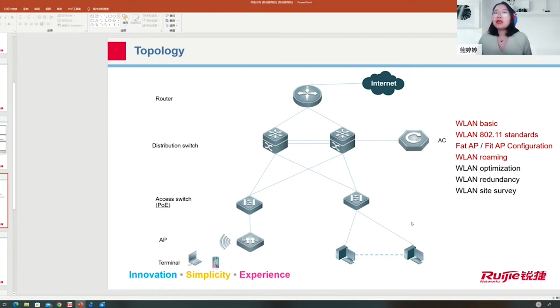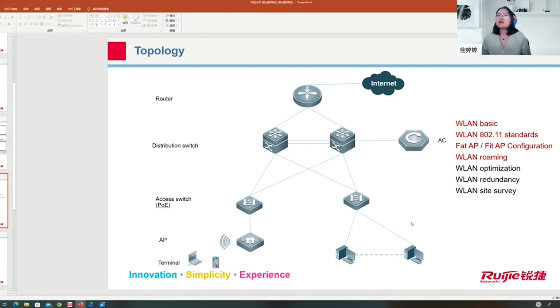If the mode is local forwarding mode, after the AP is online successfully, the AP can direct it to the best path and then forward the message to the destination. And this is the first part of the Fit AP.